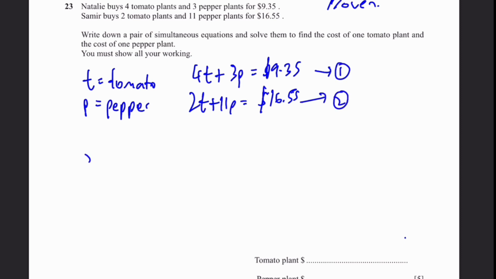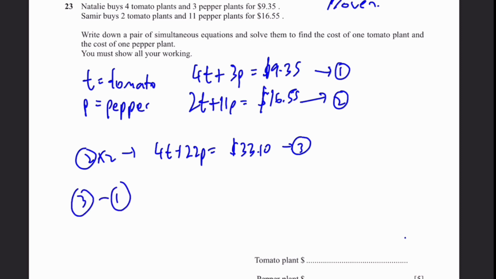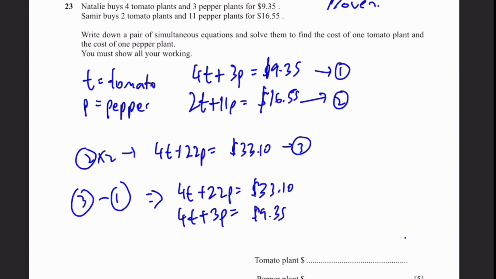Now we can solve it. So 2 times equation 2 first. That's 4T plus 22P is equal to $33.10. So now we can do equation 3 minus equation 1: 4T plus 22P is equal to $33.10, and then 4T plus 3P is equal to $9.35.